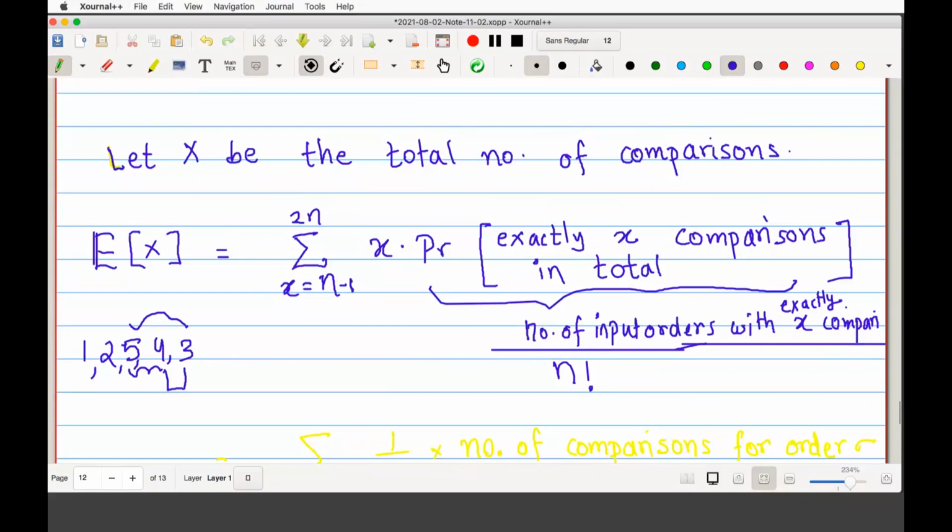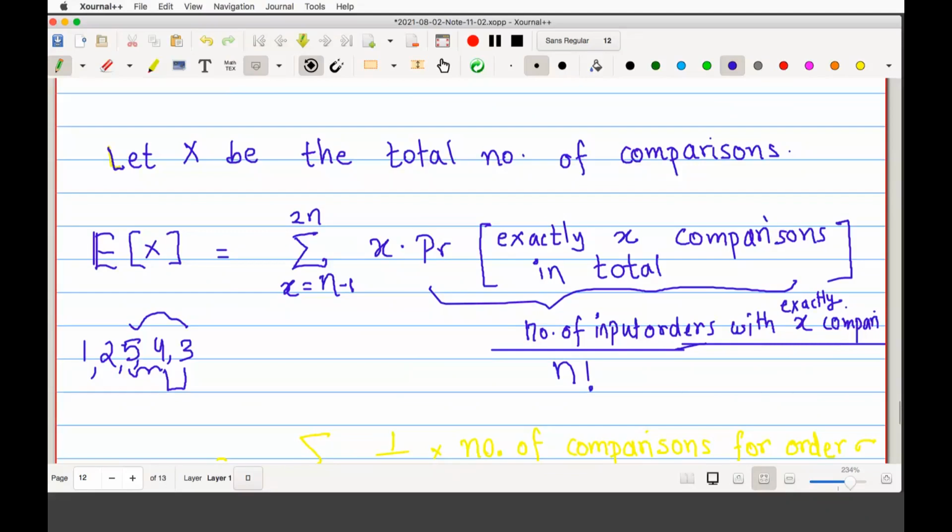But the number of inversion pairs goes up to n choose 2, right? There could be up to n choose 2 inversion pairs. So I think we need to make a more precise statement here, because the range of X only goes up to 2n, so we can't really say that.